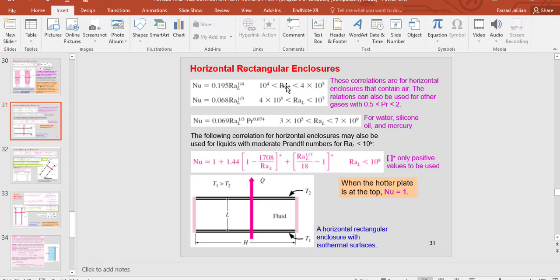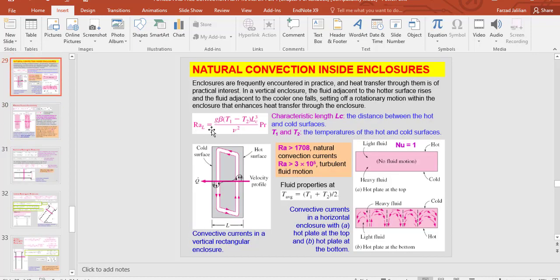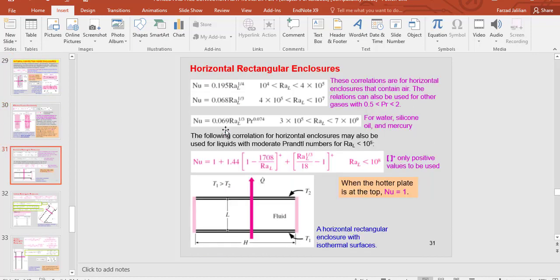So when the Rayleigh number, which we have already calculated by this equation, is between these two values, then the Nusselt number for the horizontal rectangular enclosure can be calculated by this equation. If the Rayleigh number is higher than 4 times 10 power 5 until 10 power 7, we should use this equation.